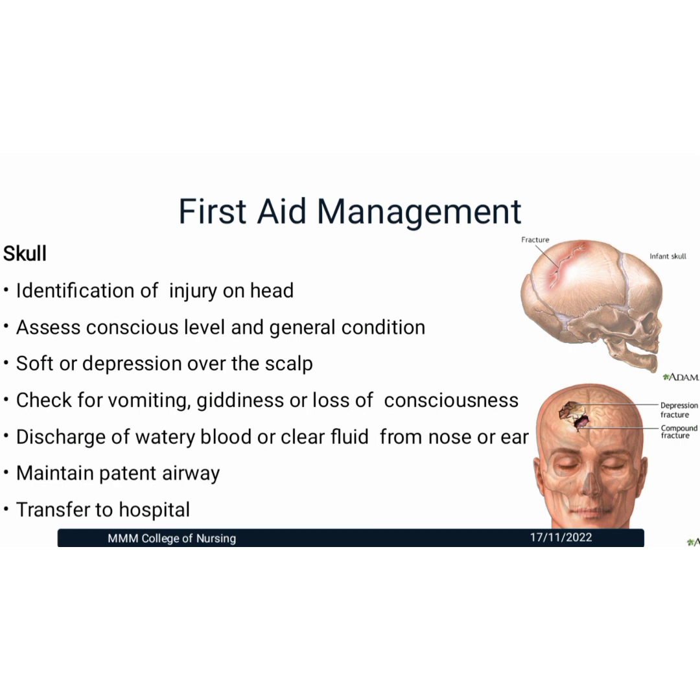Check for vomiting, giddiness or loss of consciousness, and also observe for any watery blood or clear fluid discharge from the nose or ear. Ensure a patent airway is maintained and transfer the patient immediately to the hospital.